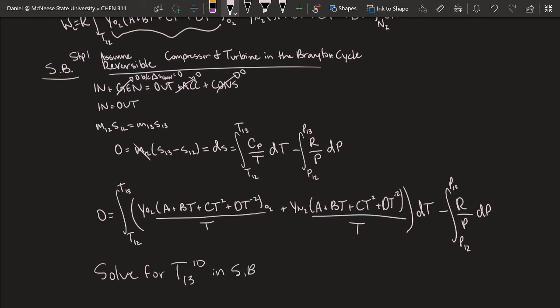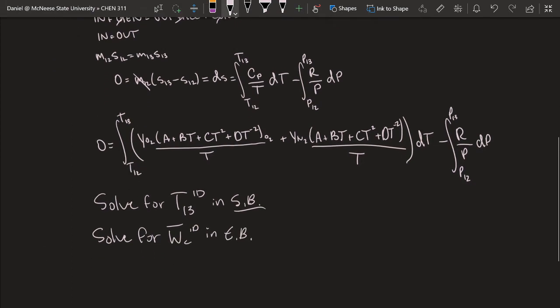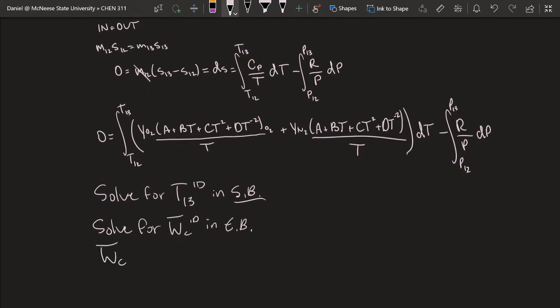Then you solve for the work of the compressor, ideal, in the energy balance. Then you take the ideal work of the compressor, multiply it by its isentropic efficiency, and get the work of the compressor that's real.